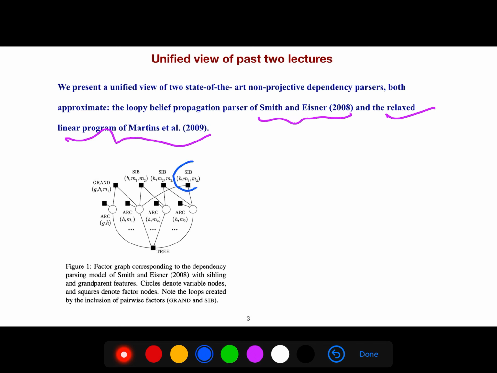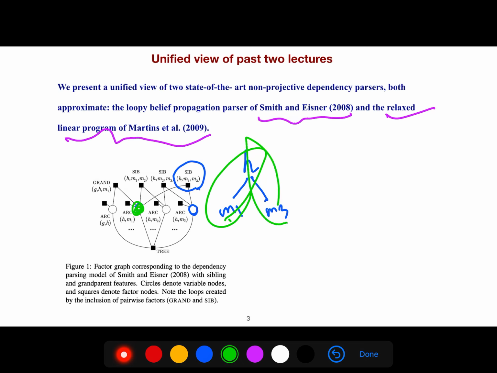For example, these siblings, which have a head and two modifiers, represent one head and modifier here, and another head and modifier here, because one head could have two modifiers, M1 and M3. One of them is represented in this label, and one of them is represented in this variable node.